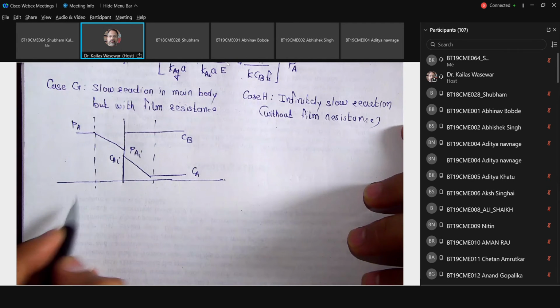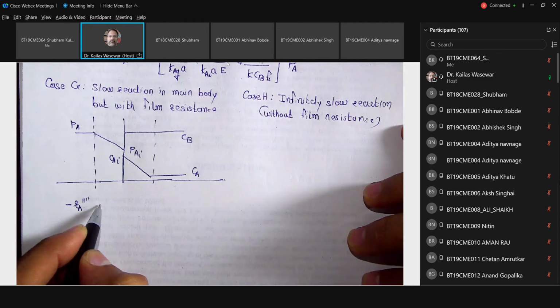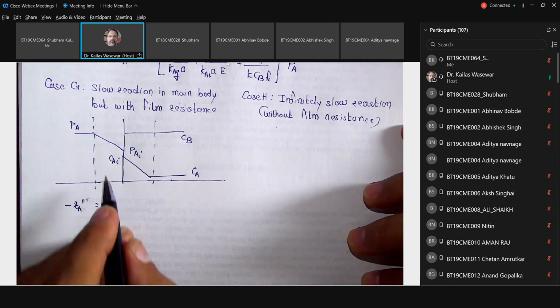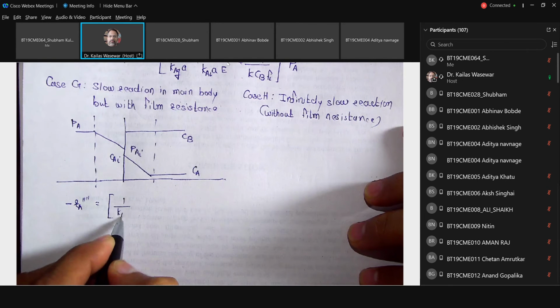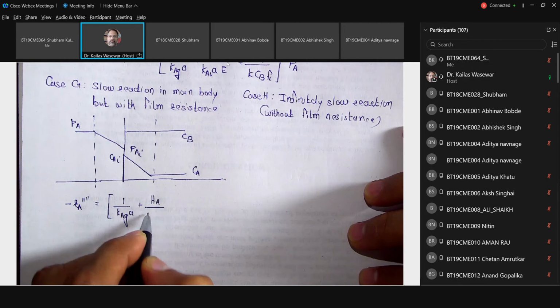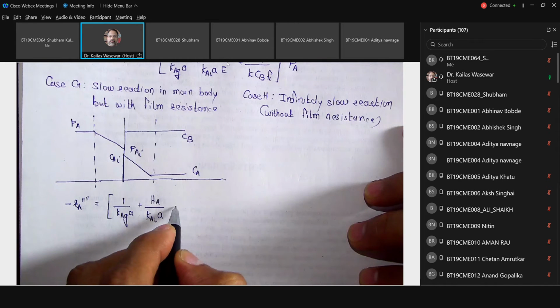So for this particular one, there is no further enhancement in the mass transfer because of the reaction in this film. It will be just like a straight one along with all three resistances. That means the E value will be 1 in this case.